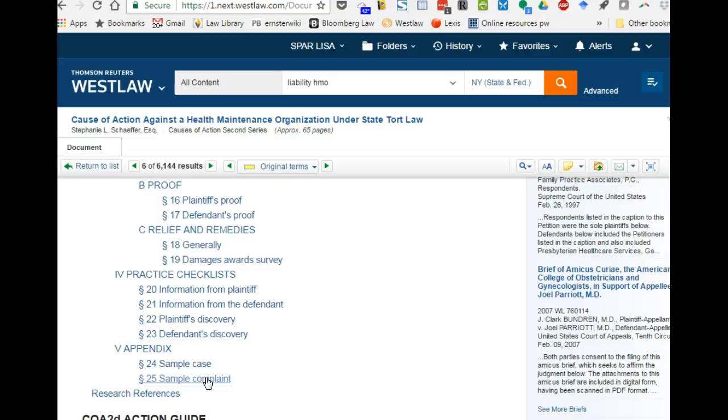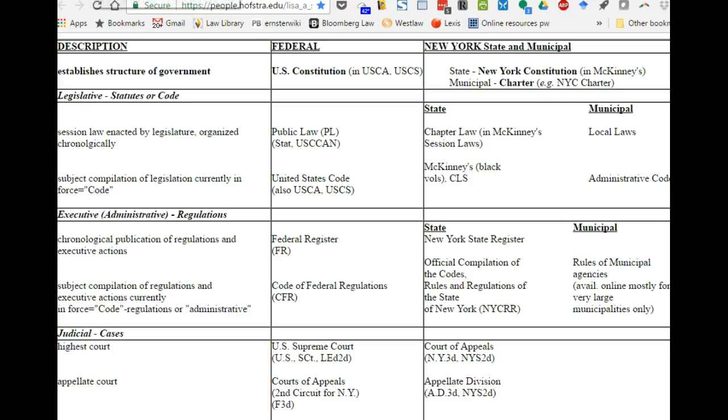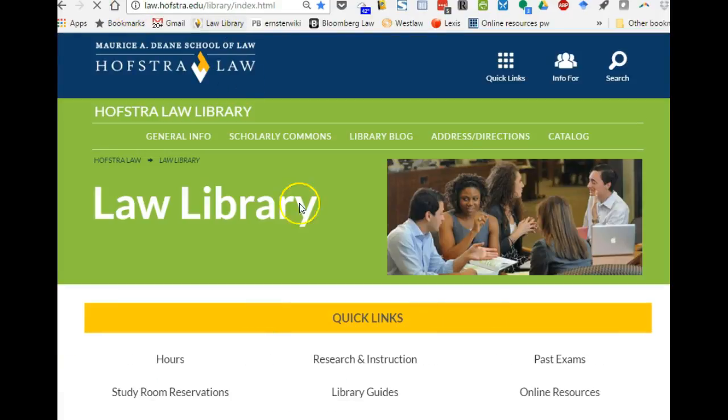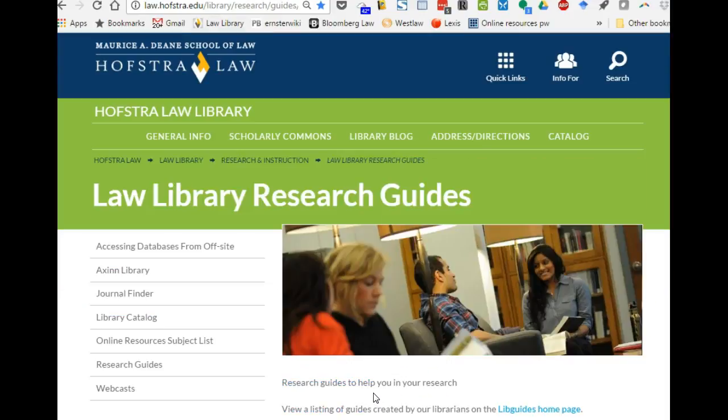How do you find them? Well, like any secondary source, all the strategies we talked about, whether it's just Googling and getting references. Remember our research guides? Let's go back here to our research guides. You'll find a lot of good references, just as we would for treatises. You'll find a lot of good references to loose leaves on research guides.